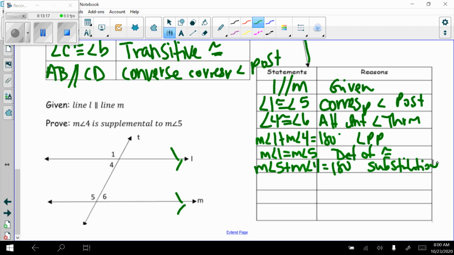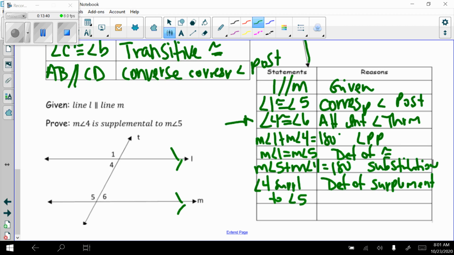Now I have that 4 and 5 are supplements of each other, and that's what they asked me to prove. So now I can just say angle 4 is supplemental to angle 5 by the definition of supplements.